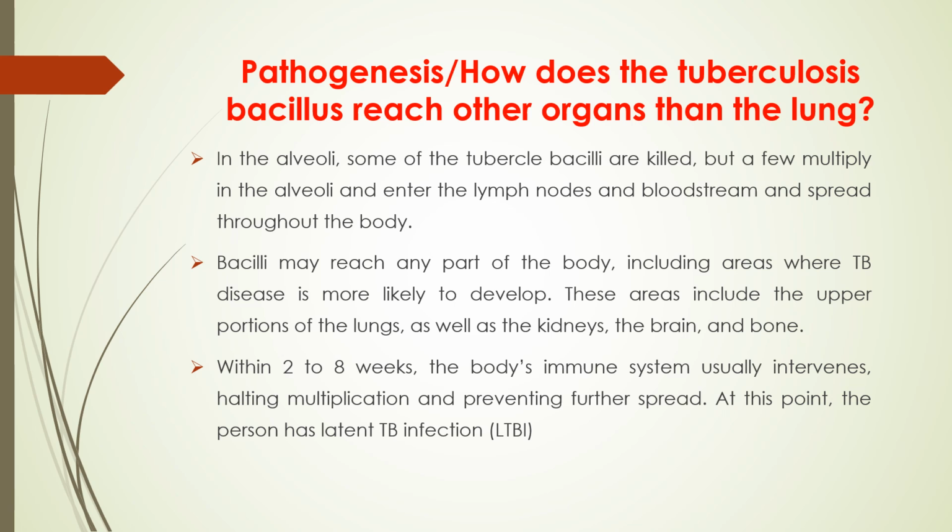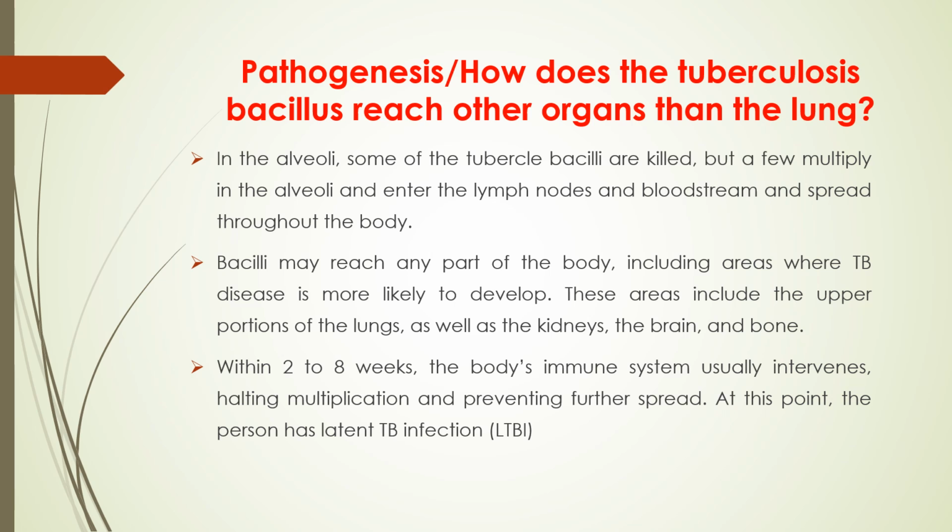So how does the tuberculosis bacillus reach other organs than the lung? As we have said in the pictures before, in the alveoli, some of the tubercle bacilli will be killed by macrophages, but others will multiply and enter the lymph nodes and the bloodstream and spread through the body.